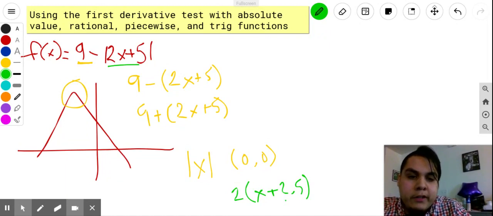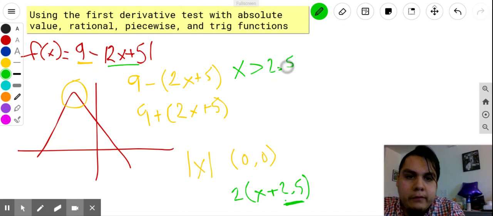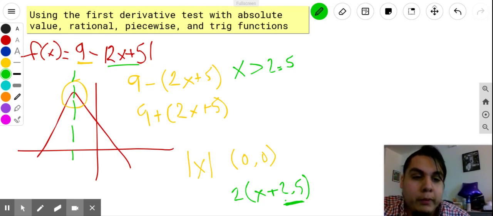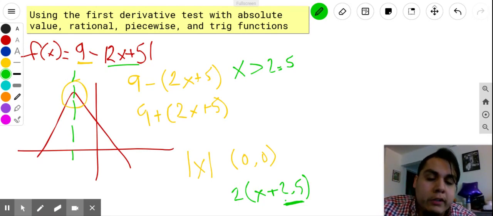So I see that it has a horizontal compression, and I see that it has a horizontal shift as well. So based off this 2.5 and based off that 9, I know that when x is greater than negative 2.5, right here is where I got that 2.5, it's going to look like that graph.